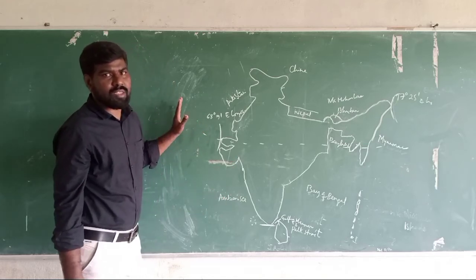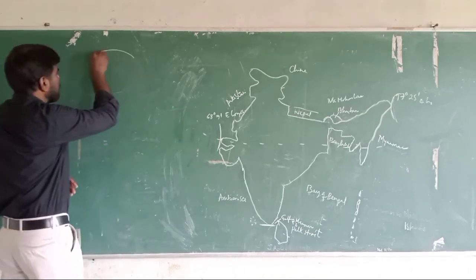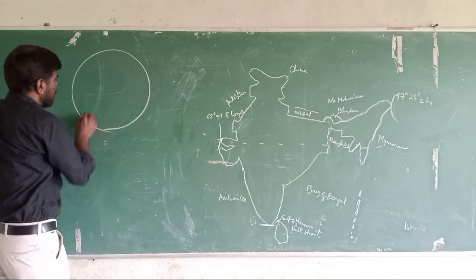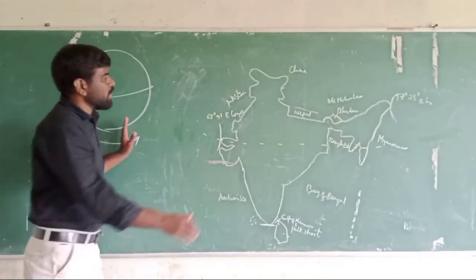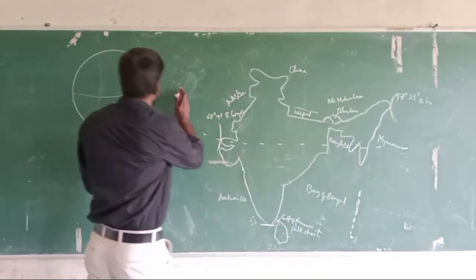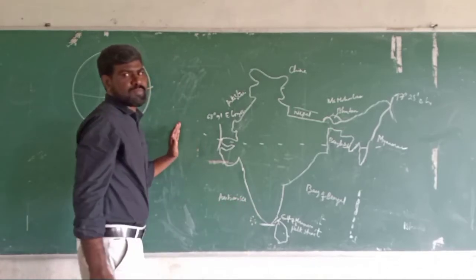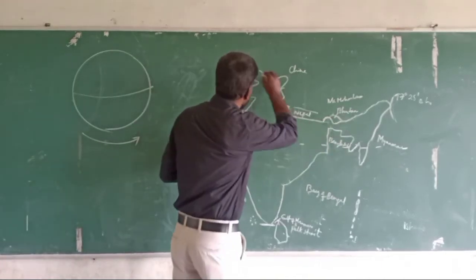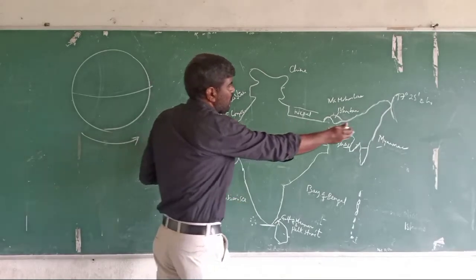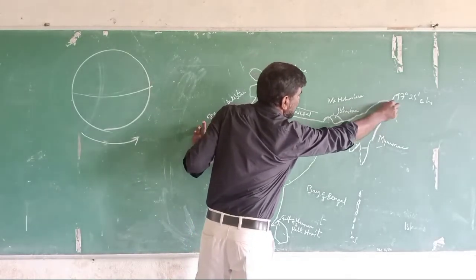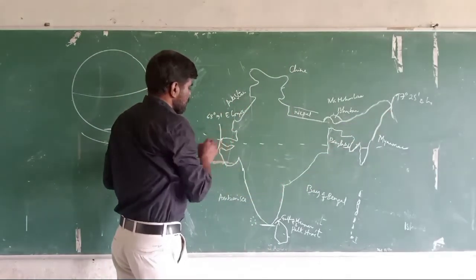As we know, Earth rotates on its own axis from west to east. So the places which are on the east receive sunlight first. So these 30 longitudes give a time difference of 2 hours between Arunachal Pradesh in the east and Dwarka in Gujarat.